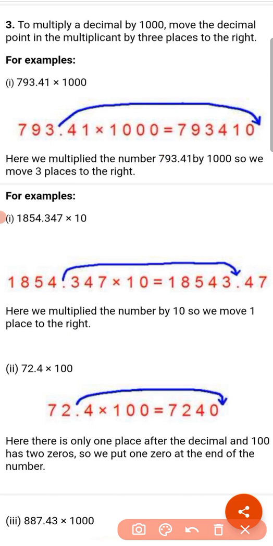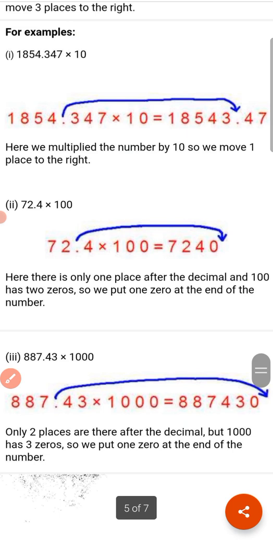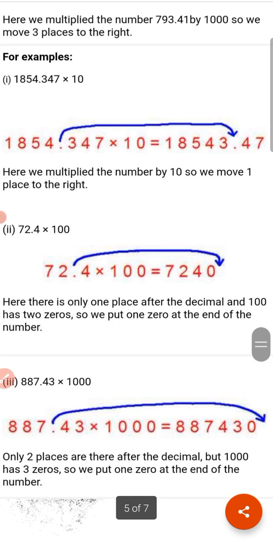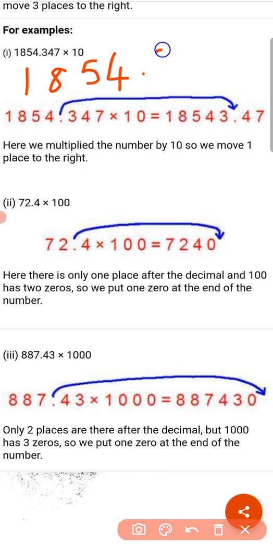Let me explain more examples. Our next question is 1854.347 multiplying by 10.